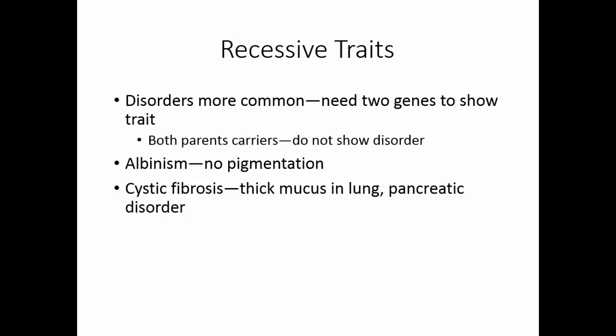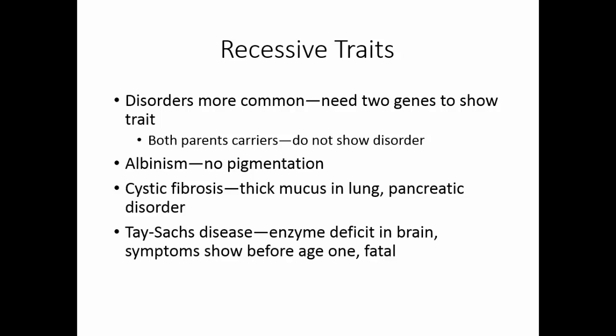In this disease, the individuals produce a very thick mucus that does a lot of damage in the lung, as well as having pancreatic enzyme disorders. Tay-Sachs disease is a disease where there is an enzyme deficit in the brain. A certain lipid is not cleared from the brain and builds up in the brain. Symptoms show before age 1 and it is fatal.